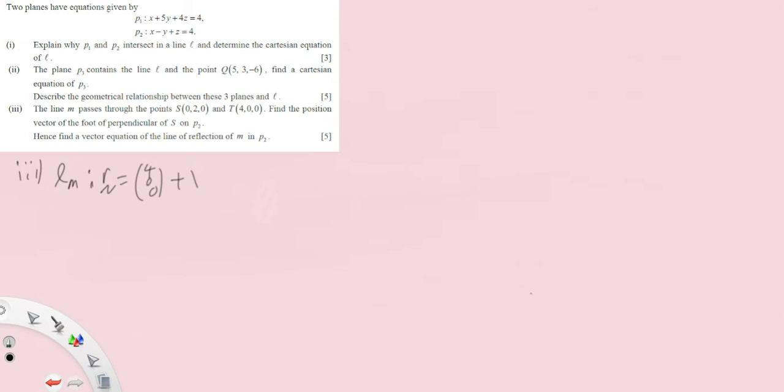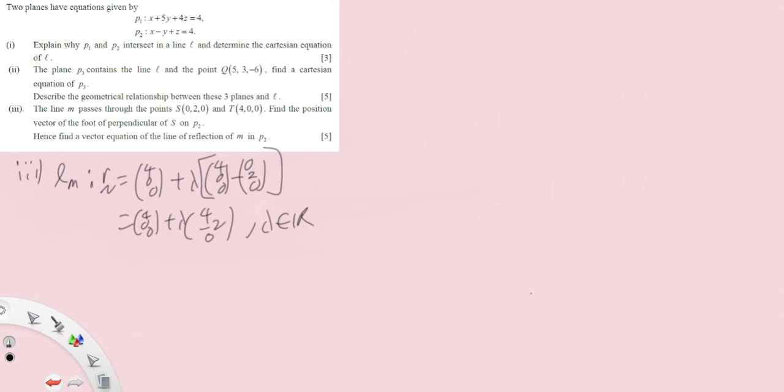Now to find the direction vector, just take one minus the other. So we then have 4, 0, 0 plus lambda 4, minus 2, 0, where lambda is any real number.